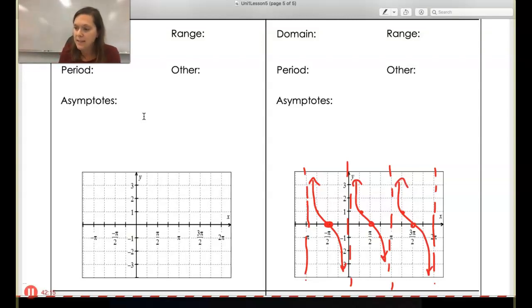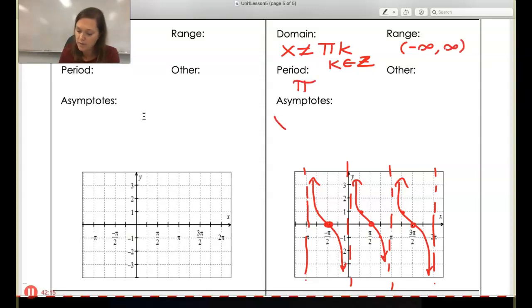So my domain is everything x cannot equal pi times k, again, where k is an element of the integers. My range is still all real numbers. The period is still pi. Now my asymptotes are at x equals plus or minus pi times some number, where our numbers are in the integers. And let's see, others.